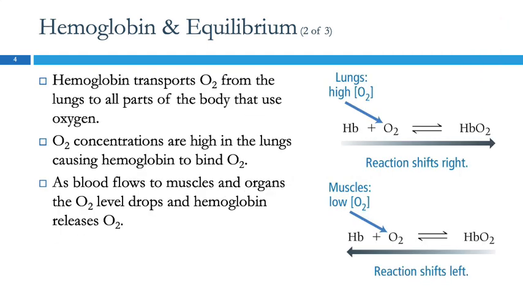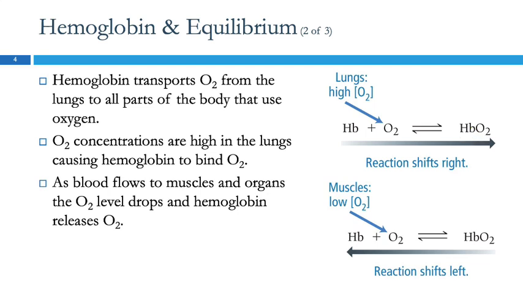So this works out really well for our bodies. In the lungs, there's a relatively high oxygen concentration, and so the hemoglobin picks up the oxygen, and the reaction equilibrium shifts to the right, and we have a lot of this complex.